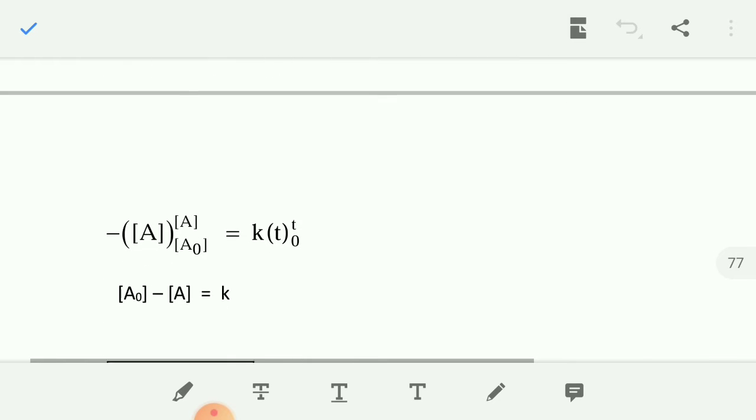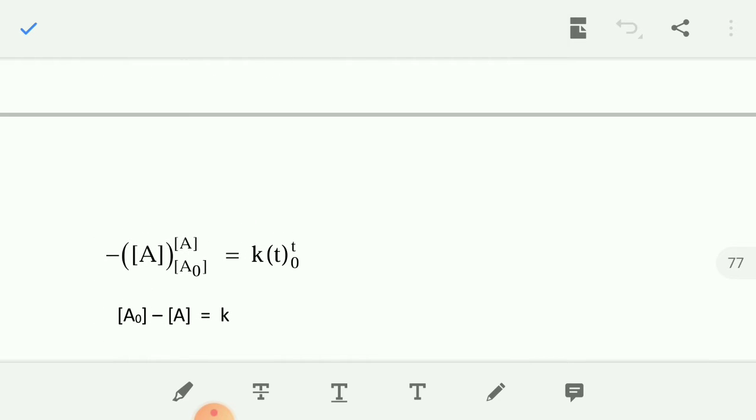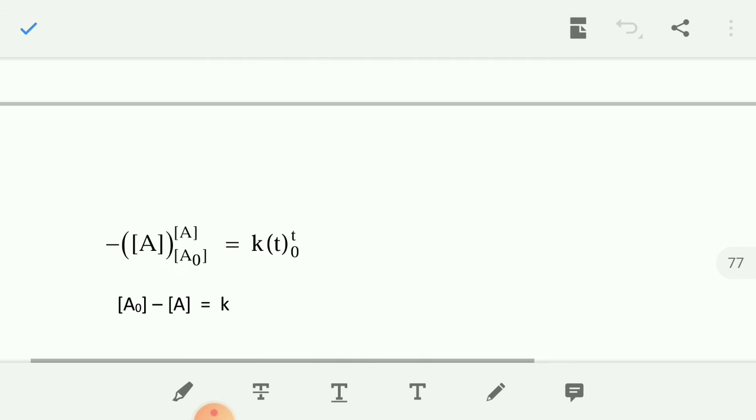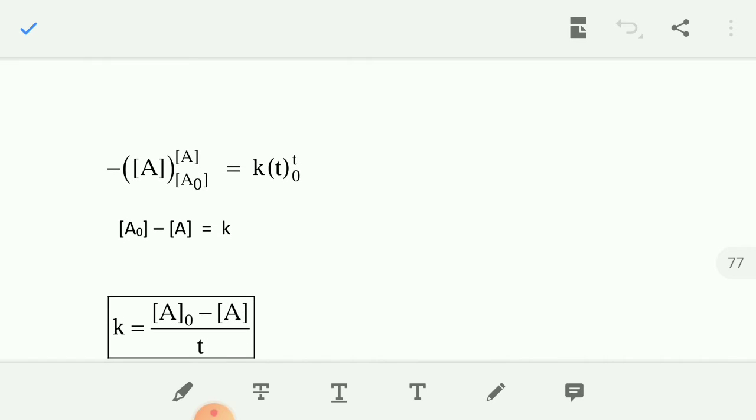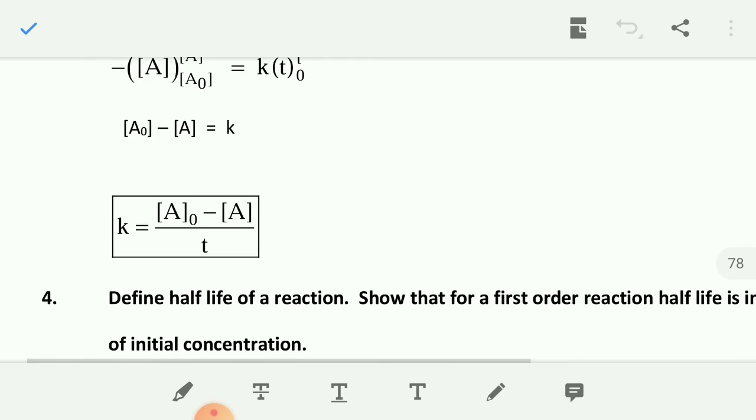So minus [a] between limits a naught equals k [t] between limits t and 0. So a0 minus a equals kt. So k equals a naught minus a divided by t. So it is a zero order reaction.